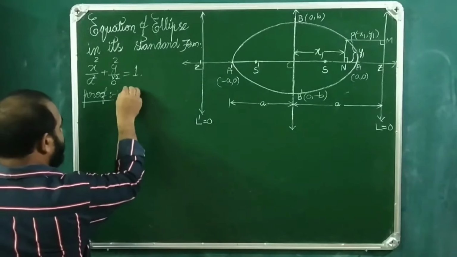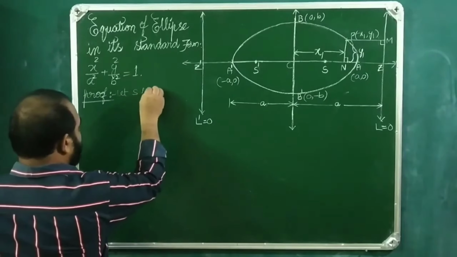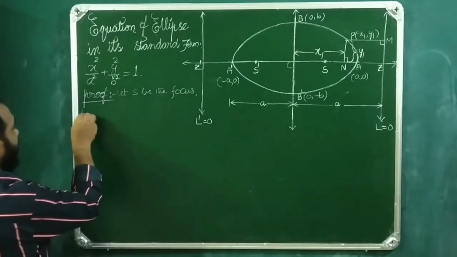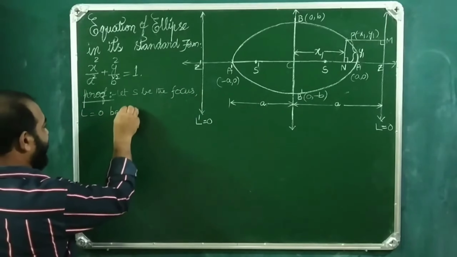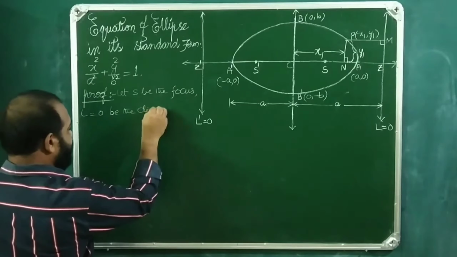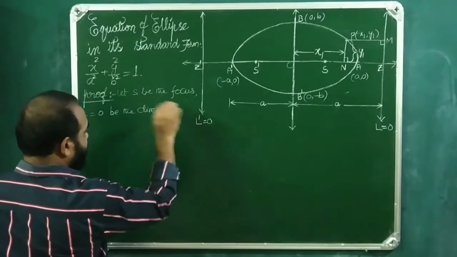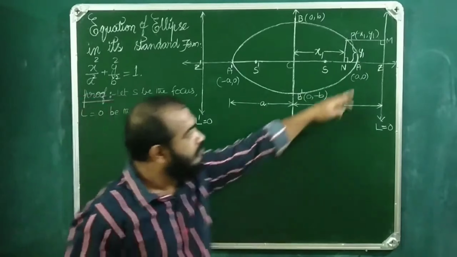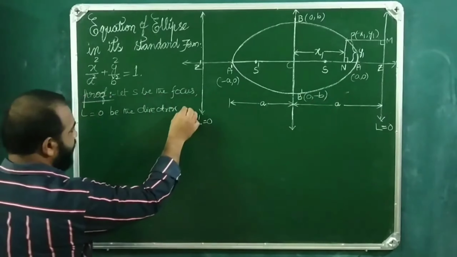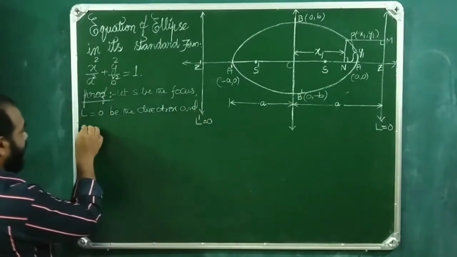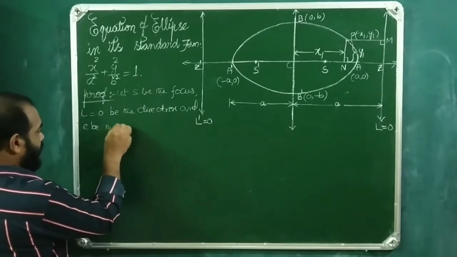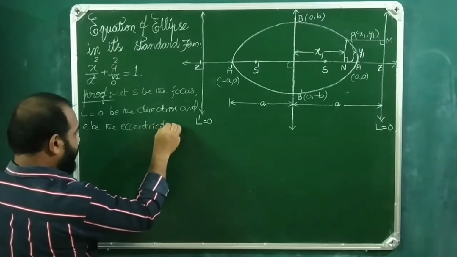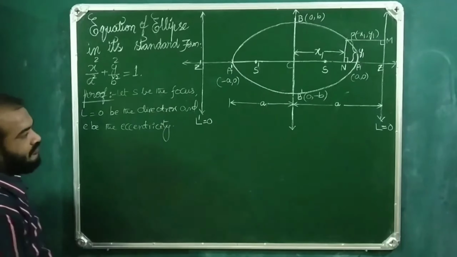Let S be the focus, L equals 0 be the directrix. Focus means it is a fixed point. This is a fixed line, and E be the eccentricity.